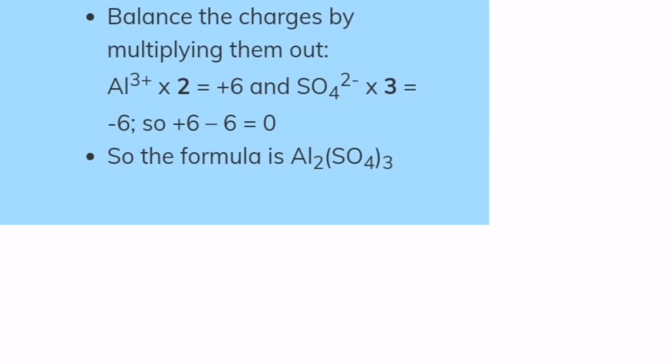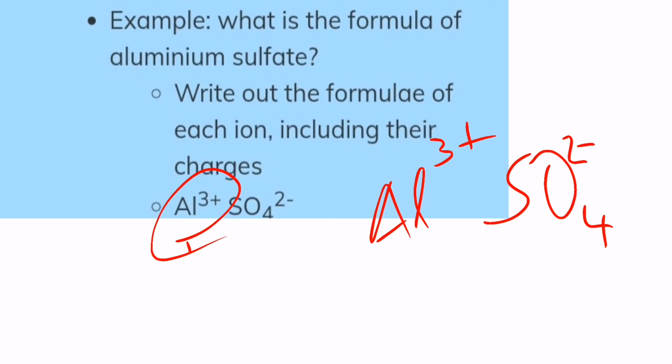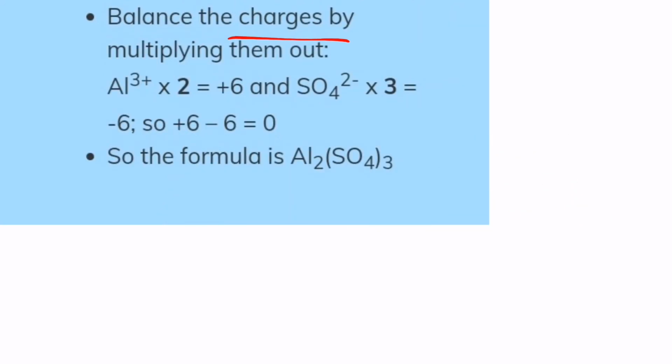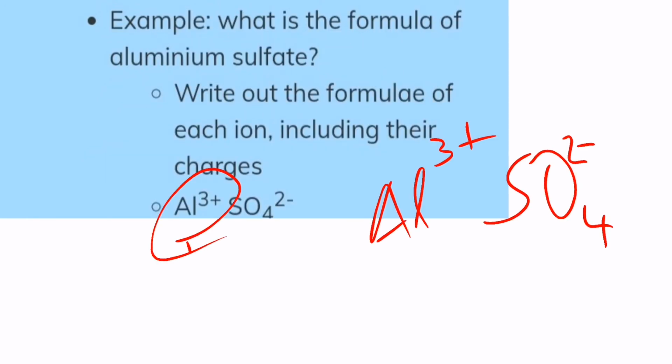We balance the charges by multiplying them out. So let's go back to this one. We multiply them out. Aluminium, we said it's aluminium 3. So we can say 3 times 2.